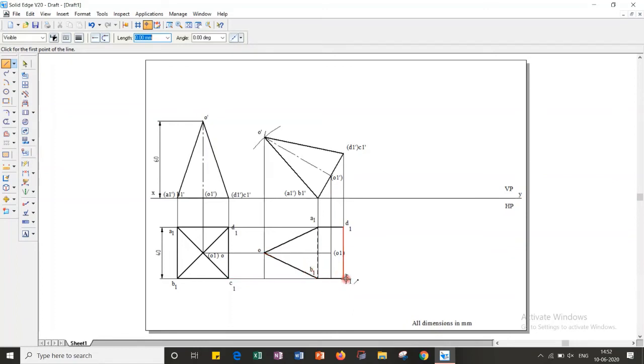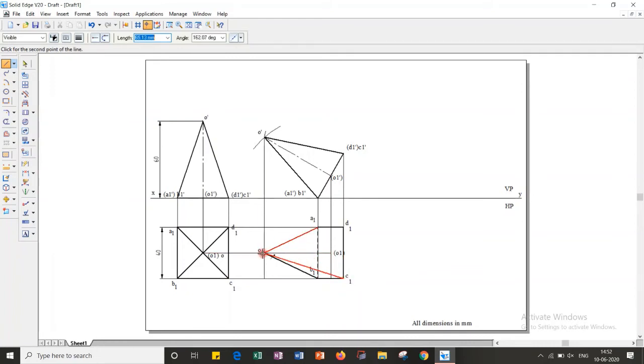Moving on to the next point C1. Three lines should be there: C1 to D1, C1 to B1, C1 to O. C1 to D1 I am having, C1 to B1 I am having, C1 to O, this line is pending. Identify where exactly the C1 point is present. Is C1 nearer to the observer, or is it above the axis line? Since it is above the axis line, it is a visible point, so it should be connected using a continuous line.